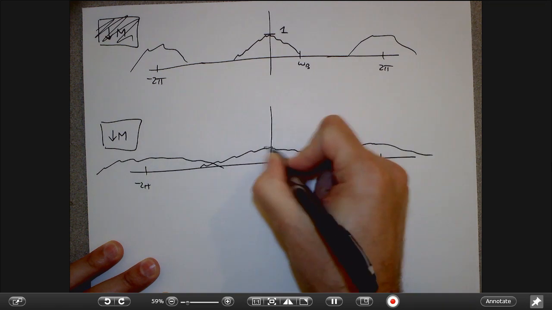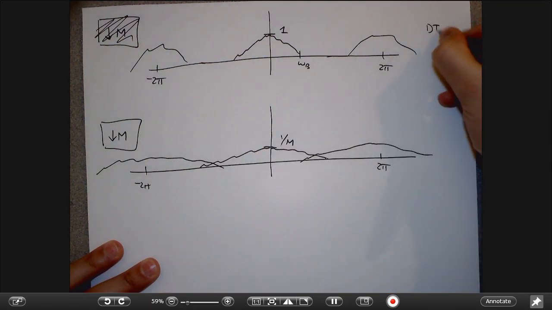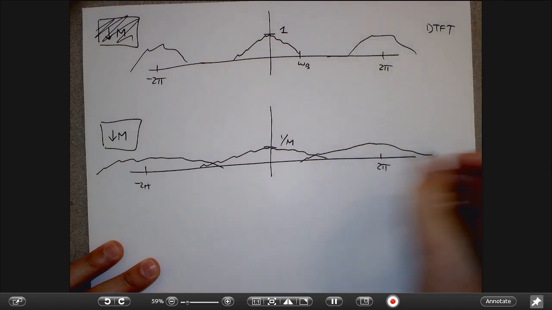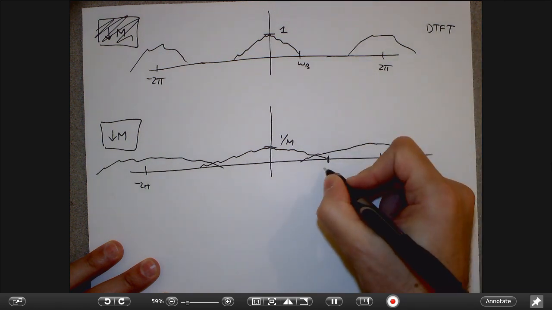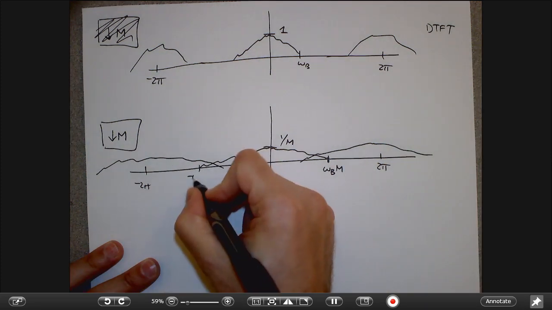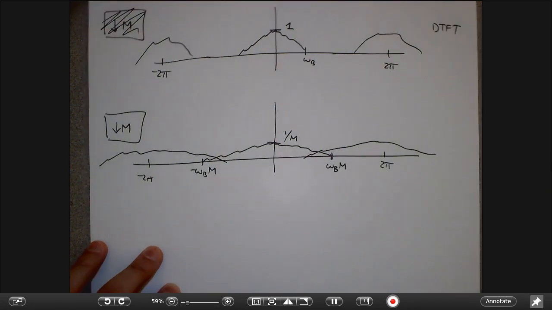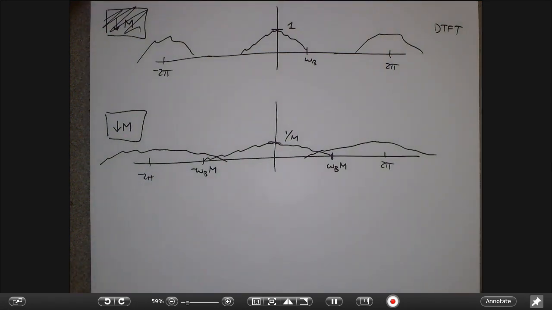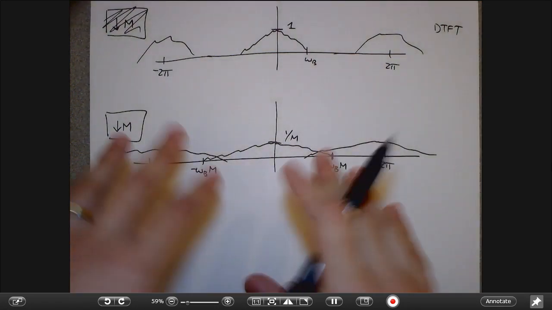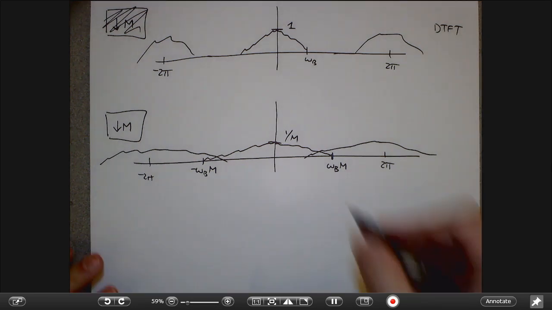Each of these is 1 over M as high as it was before, and this band limit now becomes omega b times M. Unless omega b is pretty small, or M is pretty small, as I downsample, things spread out and I could possibly get aliasing in here.